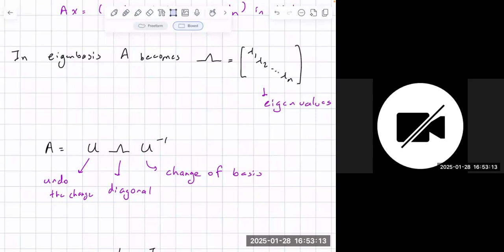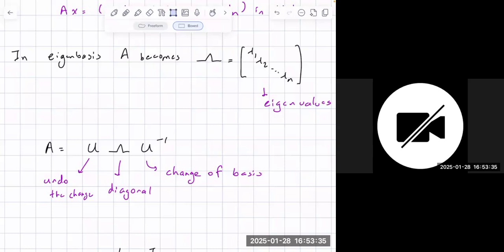What's going on is this first guy taking the x, turning it into U bases, turning it from the standard to U, and then this thing in the middle is just stretching and scaling, and U comes back and puts it back to where it started from. But you don't have to remember this off the top of your head. Just remember the meaning, okay?